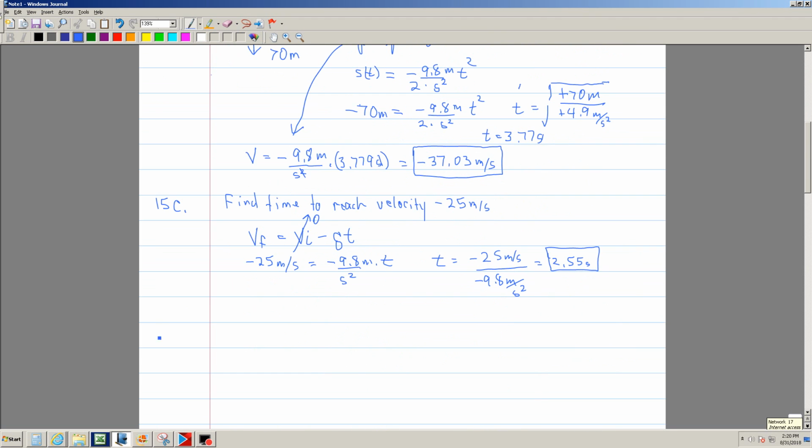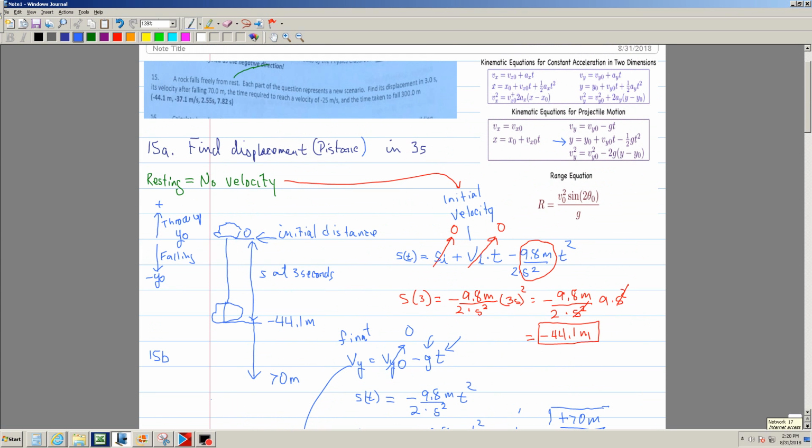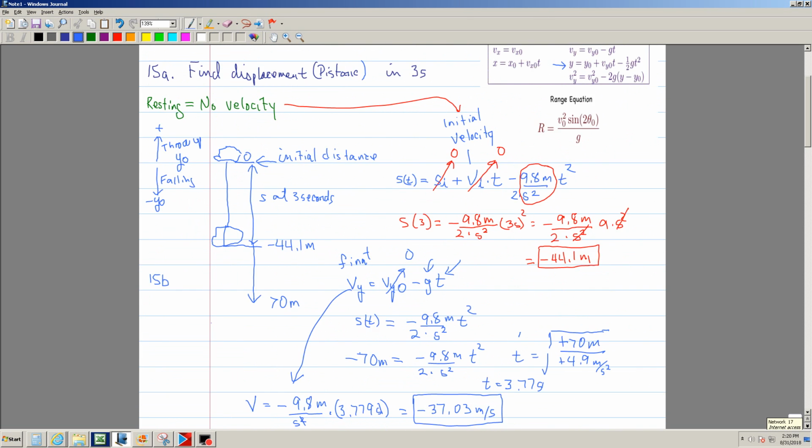Okay, 15D is the time taken to fall 300 meters.